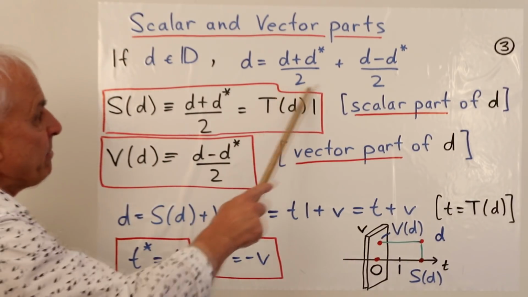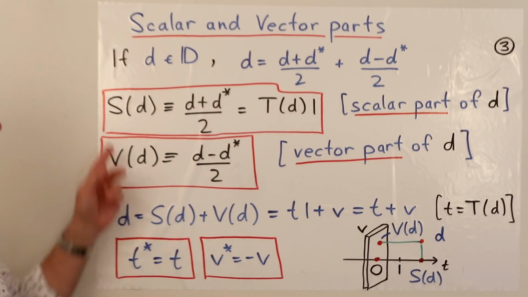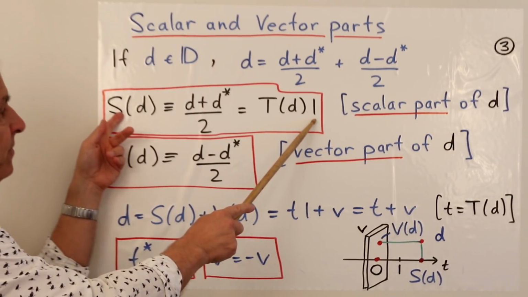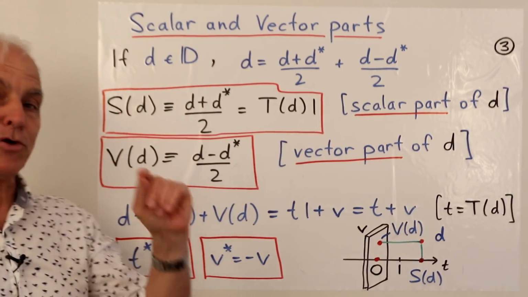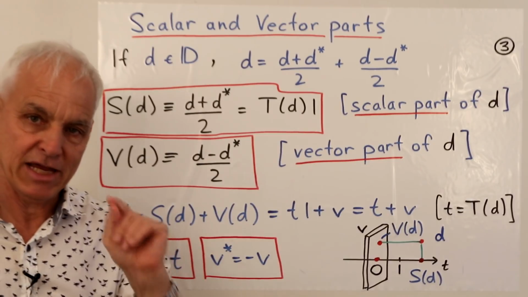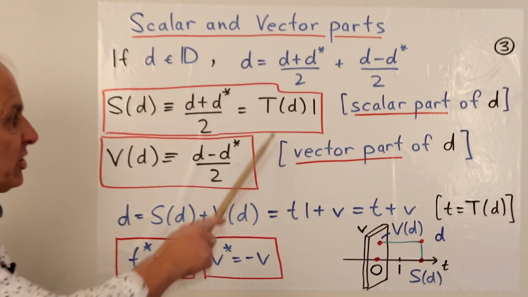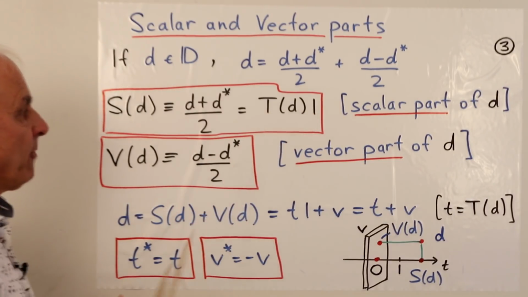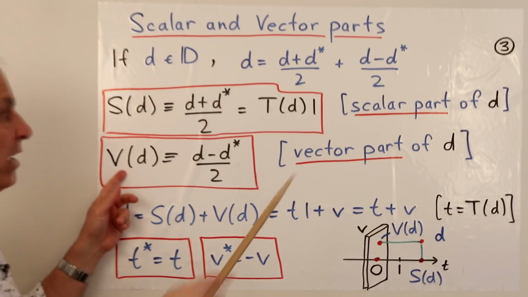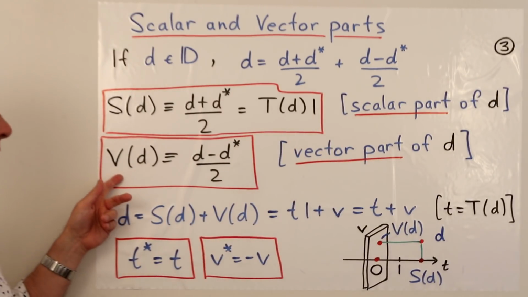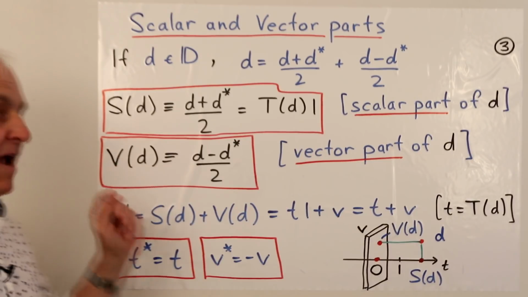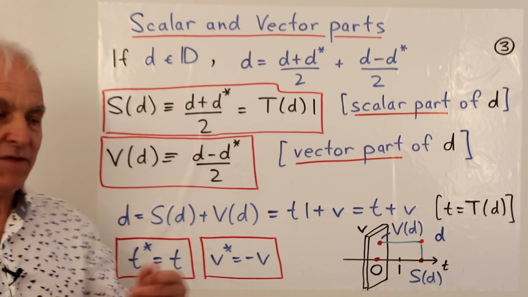This first one is rather special because it is going to be a multiple of the identity. We could call it the scalar part of the dihedron D. So it's actually the half trace of D times 1. While this thing here, we could call the vector part of the dihedron.